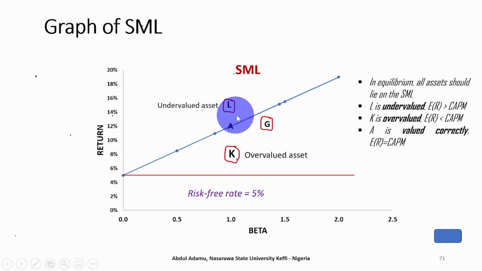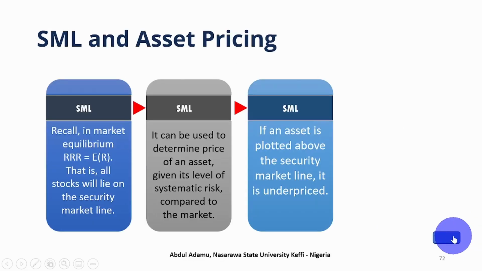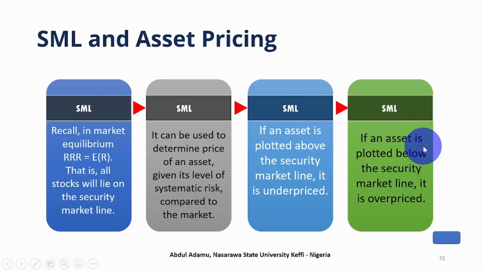You can know whether a security is undervalued when the expected return is greater than our required return, which is the CAPM. So you can see the return for this stock is somewhere here, higher than the equivalent value on the security market line, which is what it is supposed to earn.